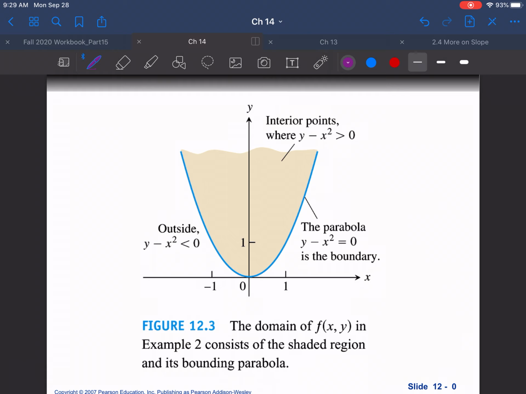We have the interior points where y is greater than x squared, and then we have the actual boundary, which is the parabola where they equal each other. And then we have outside, where we're not getting any values, and we can't have it be true. So everything inside of here is our domain, and stuff outside would give us unreal answers, imaginary answers, complex answers, whatever you want to say, and therefore is not part of it.